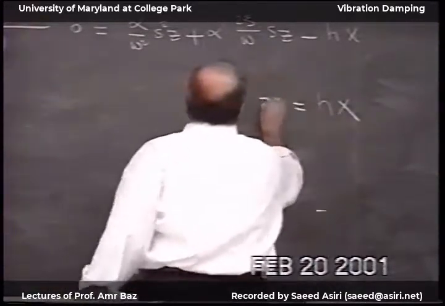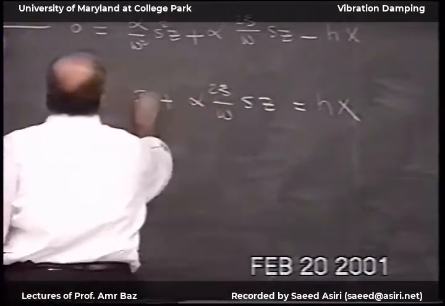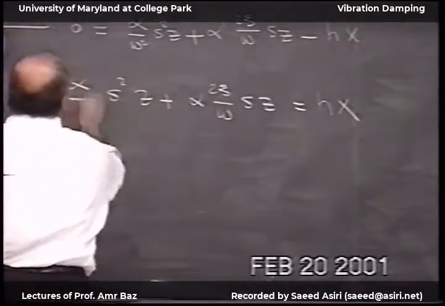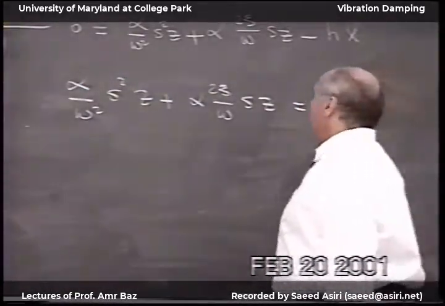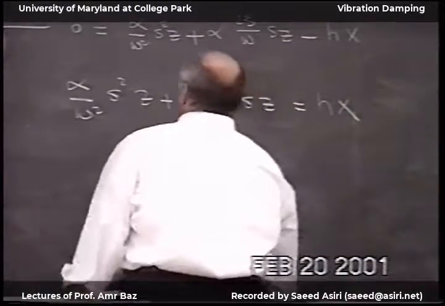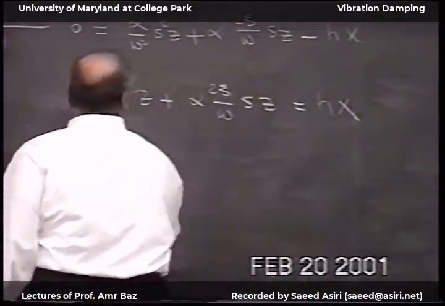And I'll multiply both sides by omega squared.